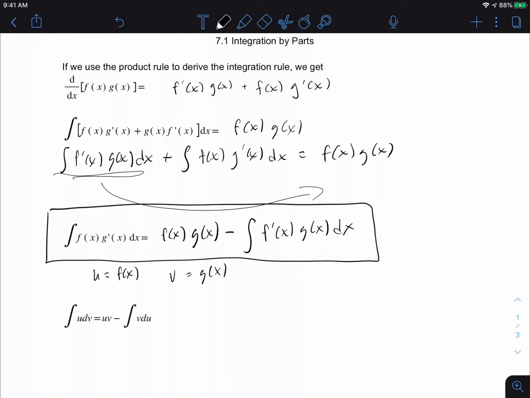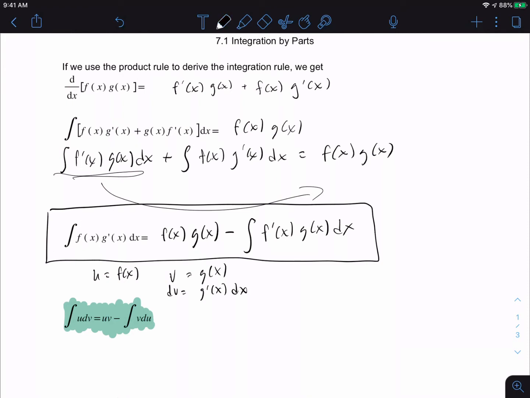Okay? So what ends up happening is the derivative of v is g prime of x dx, correct? Correct. So this whole long term ends up becoming this formula here, which is the shorthand for what we're going to do. And you can see it, right?